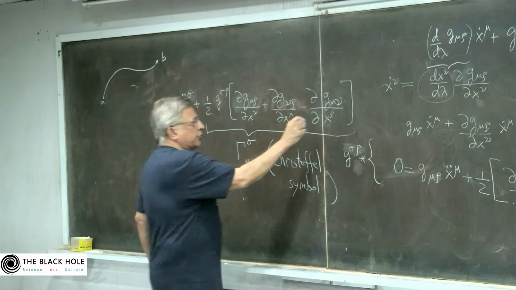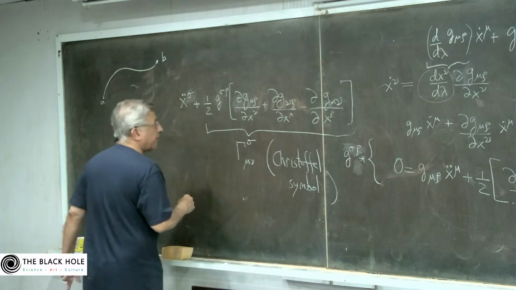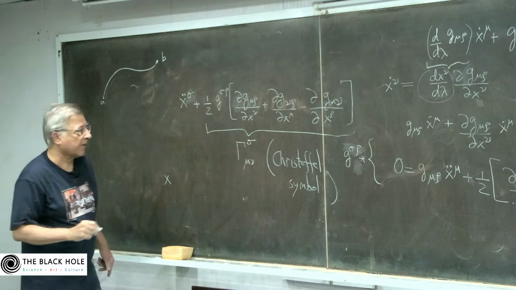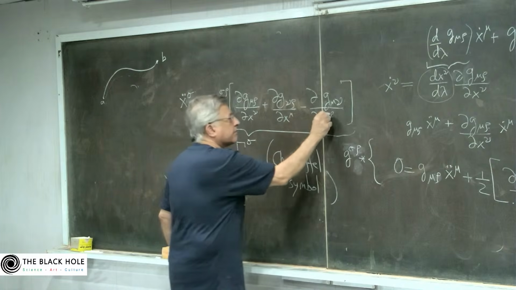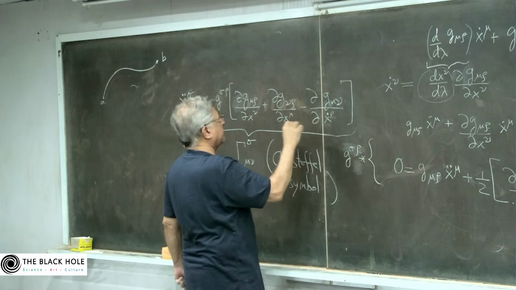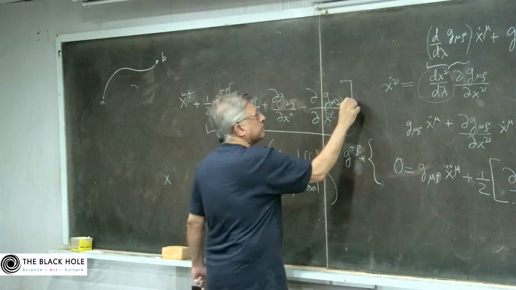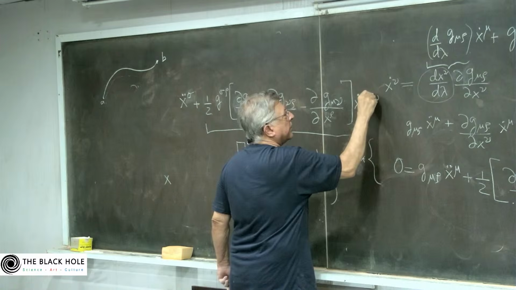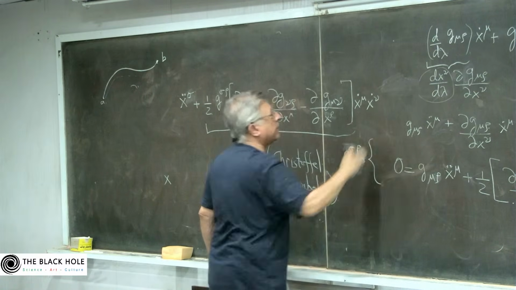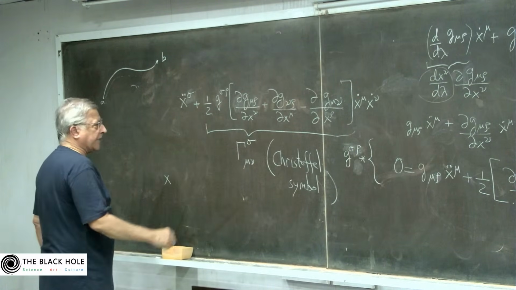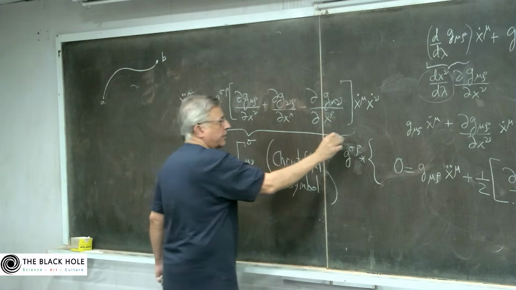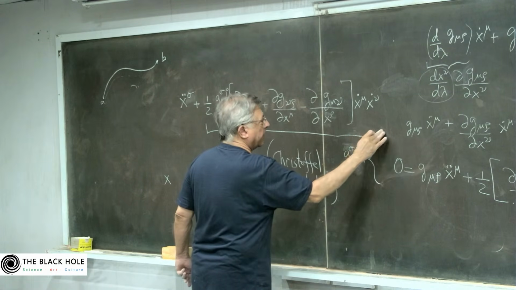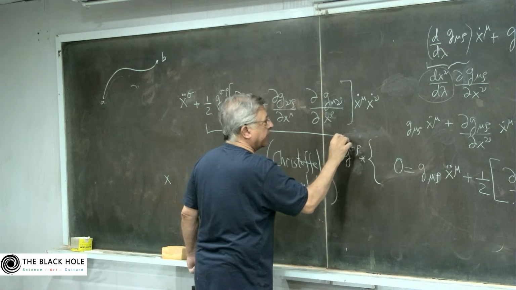So this equal to 0, x, what? x dot mu, x dot mu. Square bracket for now. Outside the square bracket. So this thing over here, up till here.